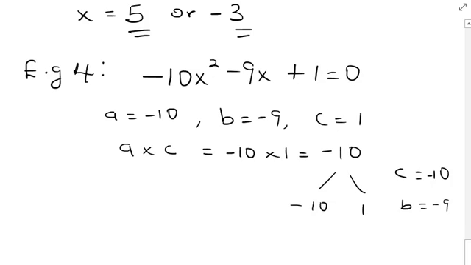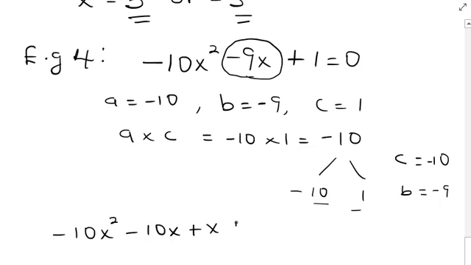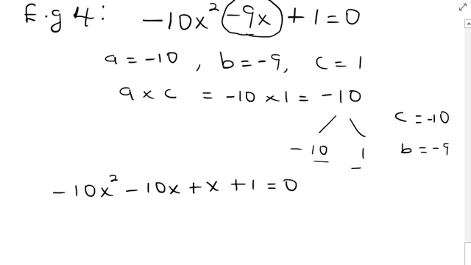So we just need to plug this in for minus 9x here. So that's minus 10x squared, then we bring this there, minus 10x. These all have x's; we just don't put it here when we are trying to get the roots. And plus x plus 1, all equals 0. So let's move this up a bit.